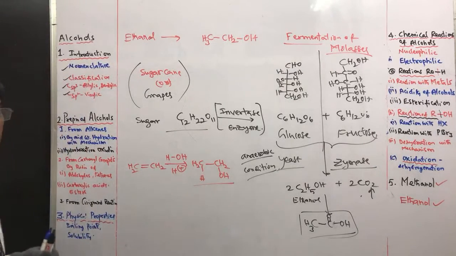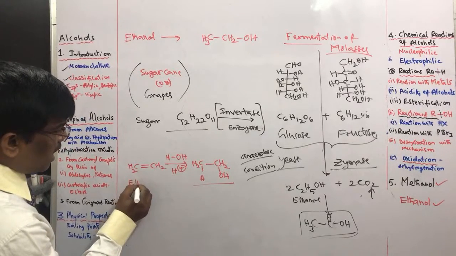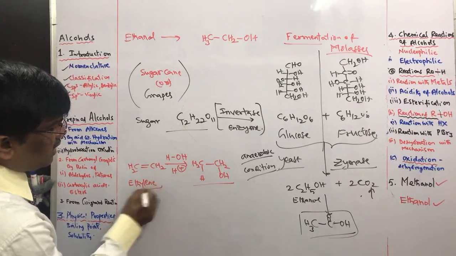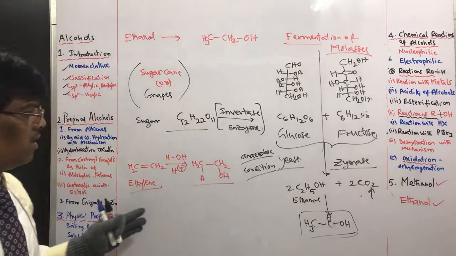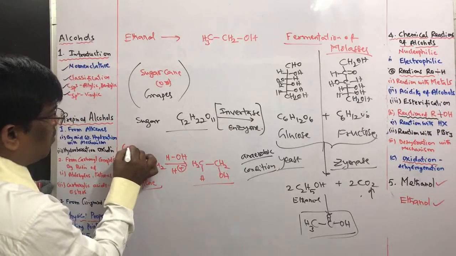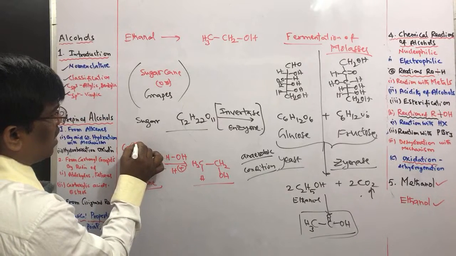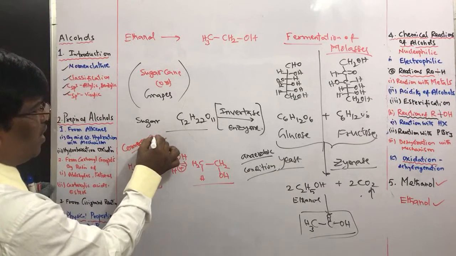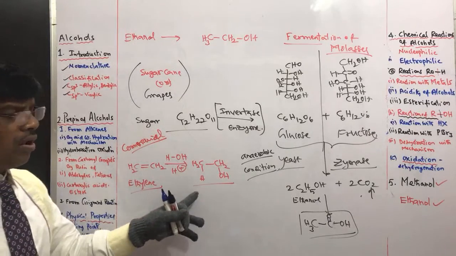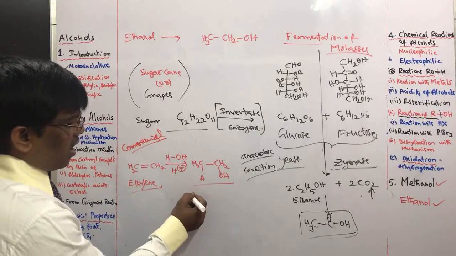Ethanol is going to be prepared from ethylene gas. So this is a commercial or synthetic method nowadays we are using. And in this way we are going to get pure alcohol devoid of water.